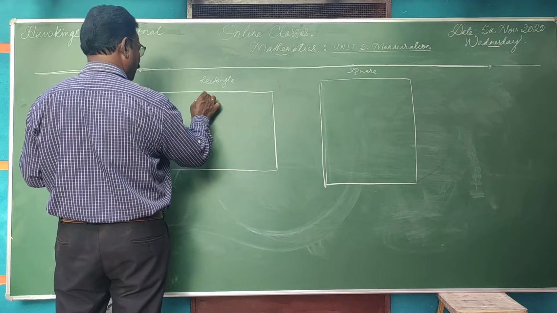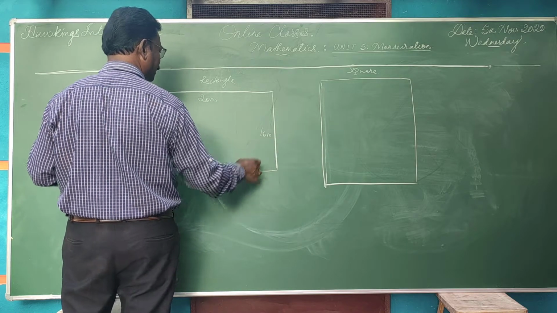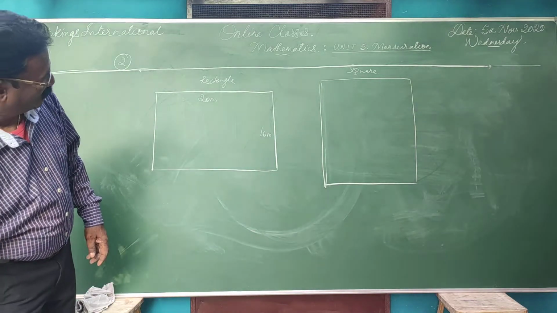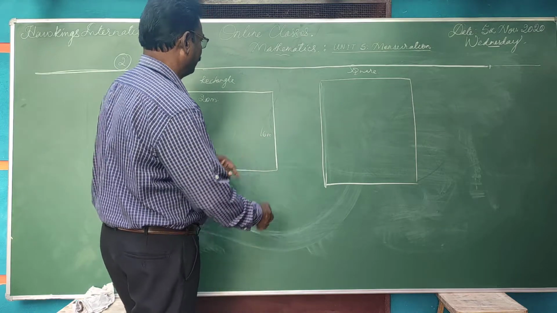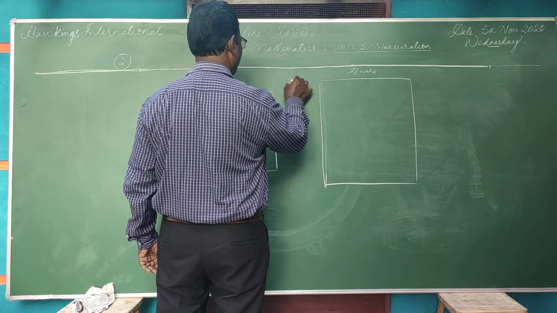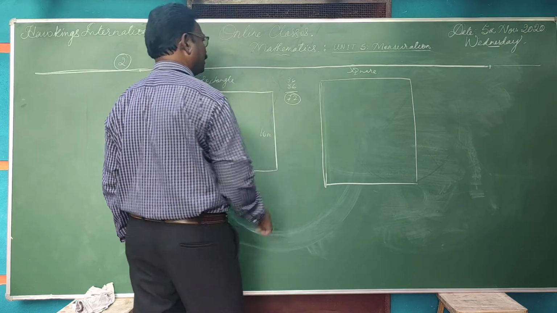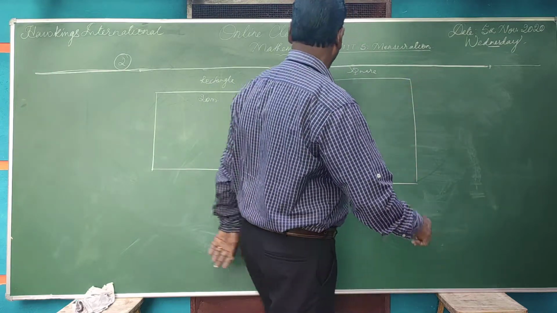Here the length is 20 meters and its width is 16 meters. So total length is 20 plus 16, 36 plus 36, 72 meters.